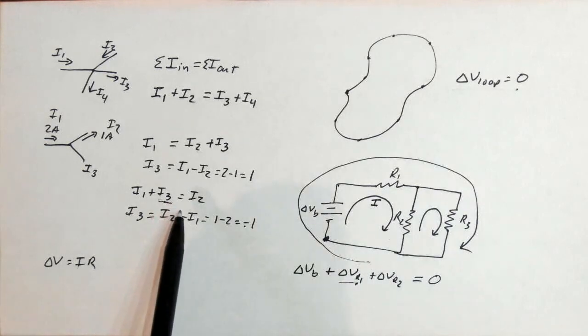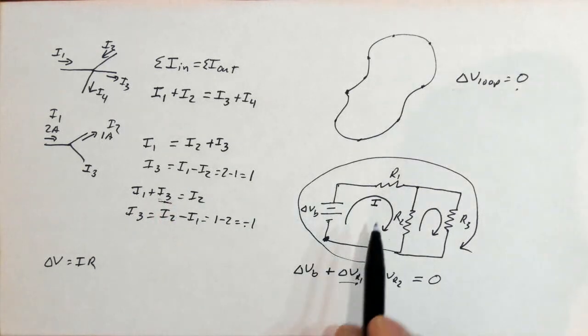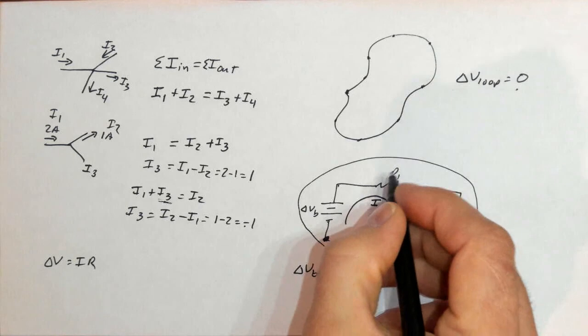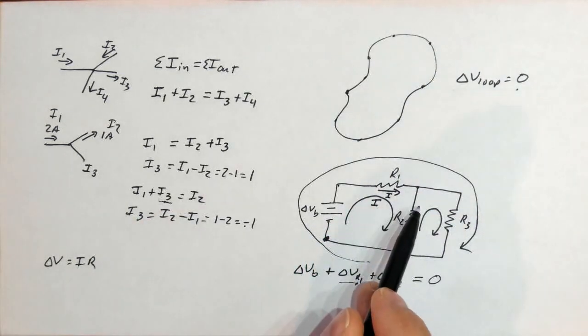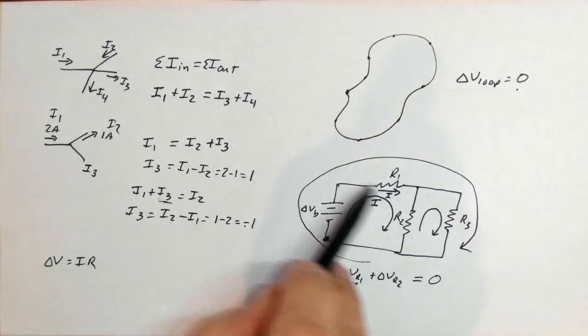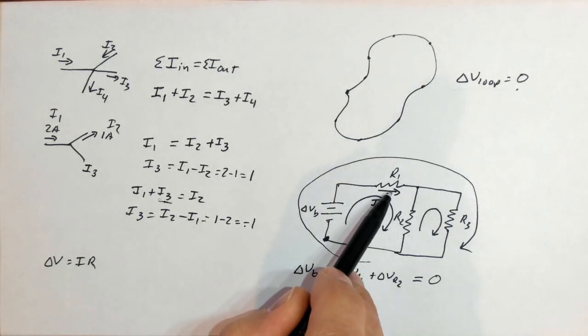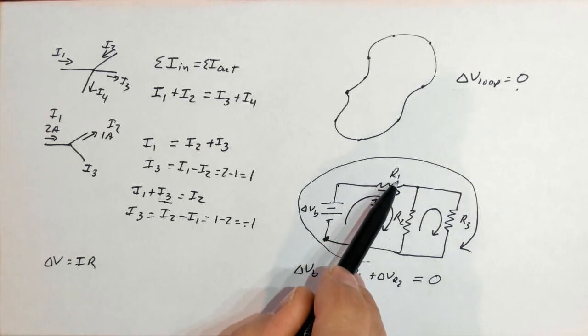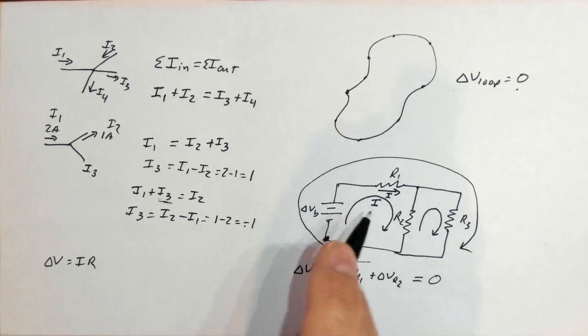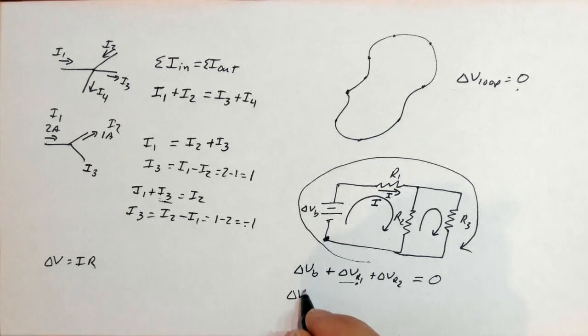Just like over here, if I was wrong, I just get a minus sign. But with that assumption, it means across this resistor, the current is flowing to the right, and I am going in the direction of that current, which means that I am going downhill across the resistor because resistors decrease potential. So in this case, I would have a delta V battery minus IR1.